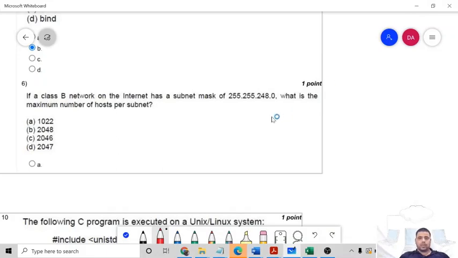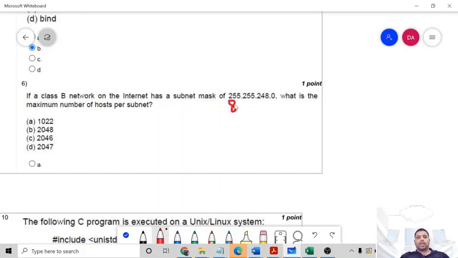Next question. If a class B network on the internet has a subnet mask of 255.255.248.0, what is the maximum number of hosts per subnet? So the number of hosts can be calculated.